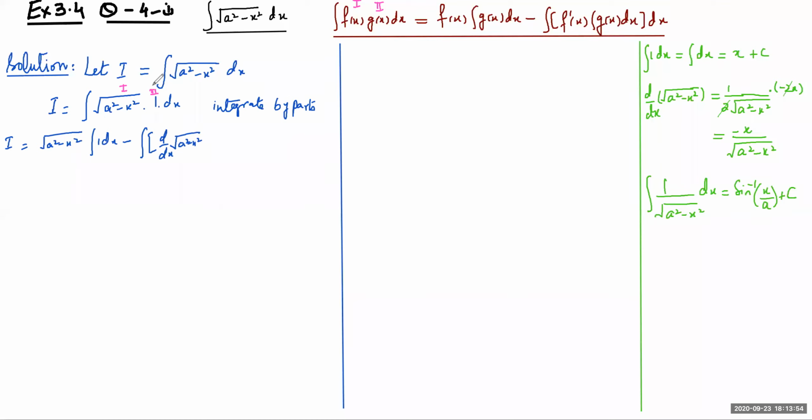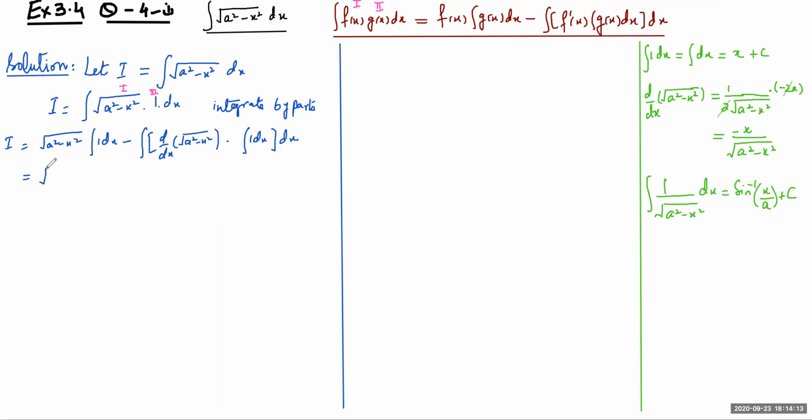Excuse me, these expressions got merged. I must erase and write these again. d by dx of square root of a square minus x square into the same integral, integral 1 dx, bracket close, and then I have a dx.